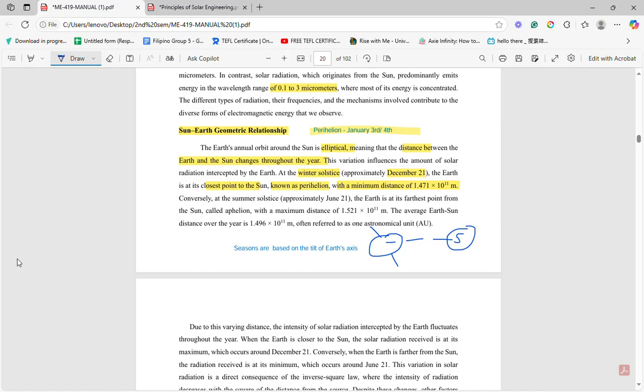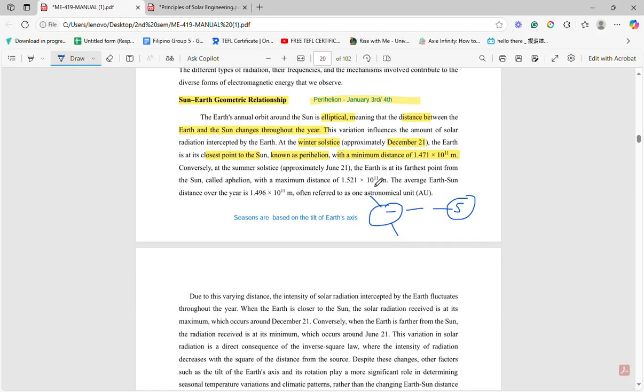That is the basis of our seasons, the tilt of the Earth. Since during this time the Earth is tilted backwards, there is a short amount of daylight during perihelion. So that is the reason why this occurs after the winter solstice: during perihelion there is lesser daylight time because of the tilt of the Earth. So yeah, that is the reason why.